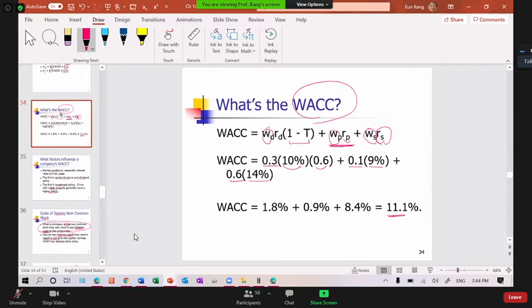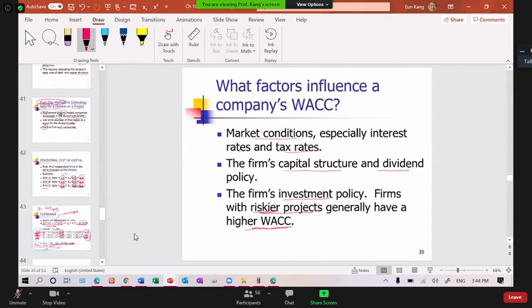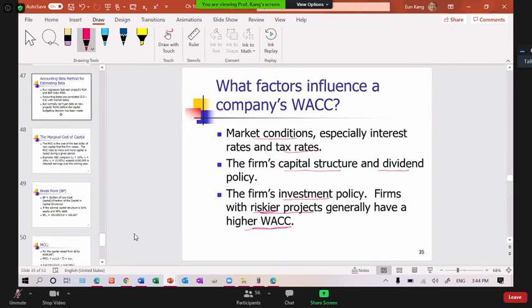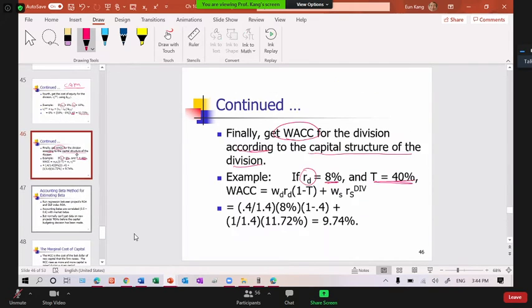Then your formula becomes WD times RD times (1 minus T) plus WS times RS, right? So if preferred stock is not given, you assume that there is no preferred stock. So then WD times RD times (1 minus T) plus WS times RS for the division.